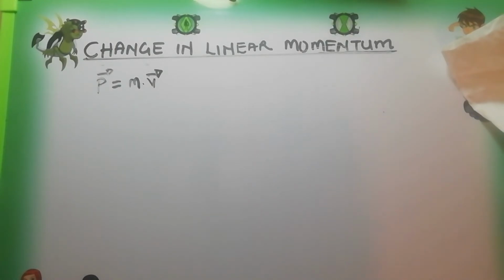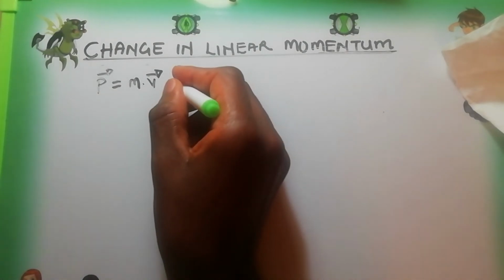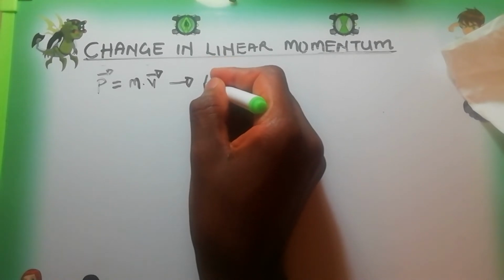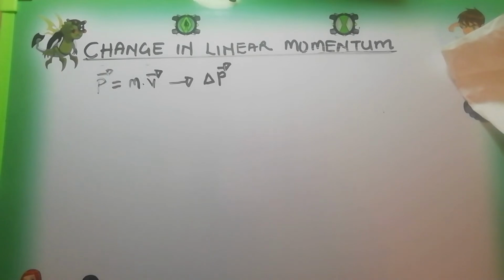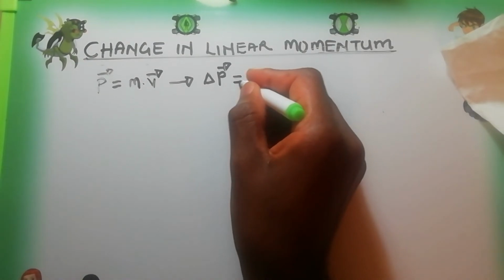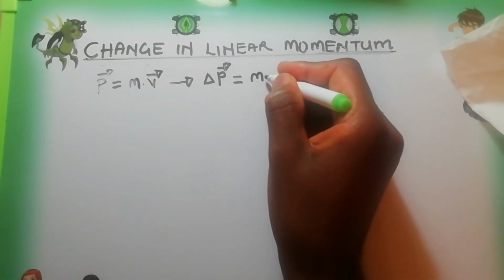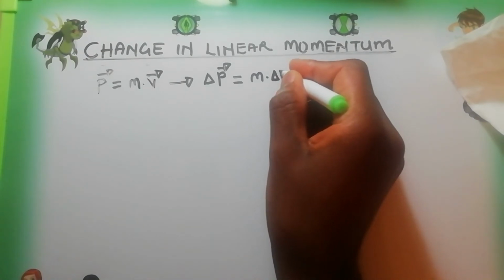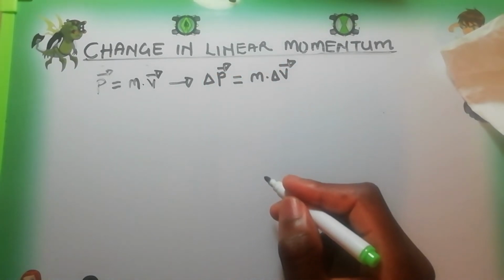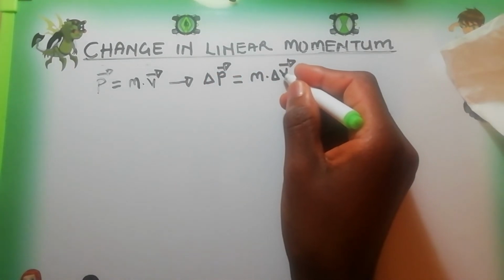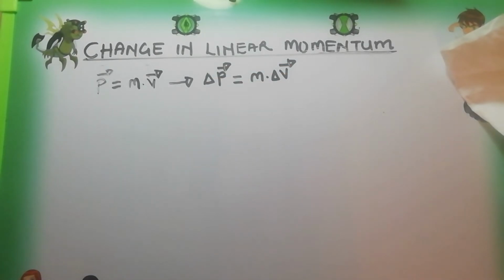So when we change the velocity or apply force on the object, we have what we call change in momentum, which is represented by delta P. How do we calculate change in momentum? Change in momentum equals mass multiplied by change in velocity. You change the velocity, you change the momentum. You apply force, the velocity will change, hence the momentum will change also.